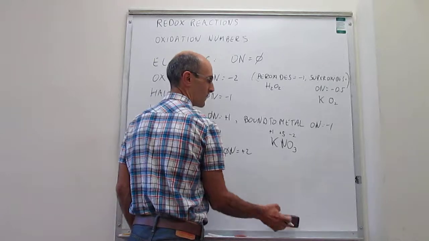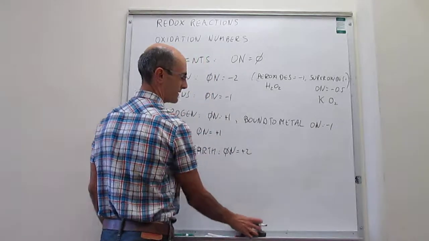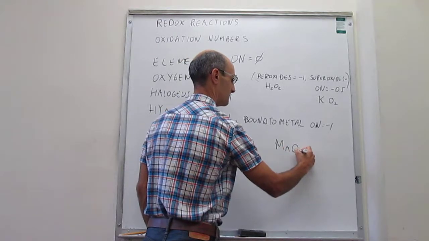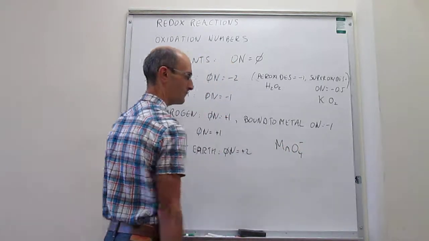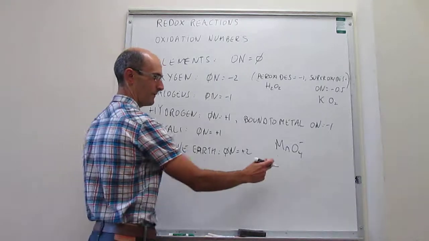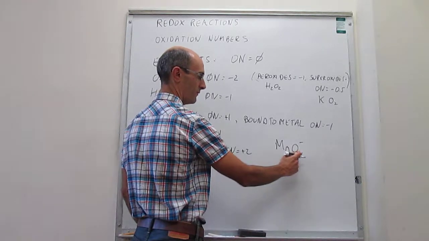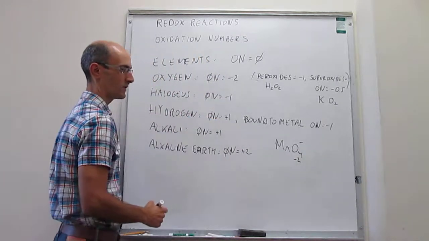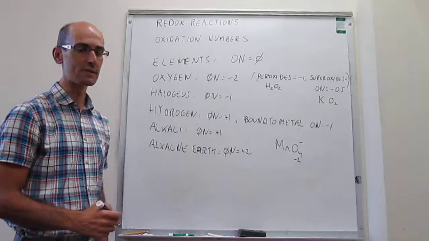And the last example is going to be permanganate, the permanganate ion. Here we have four oxygens. The oxidation number of oxygen is going to be -2, but the total oxidation number from oxygen is going to be -8.